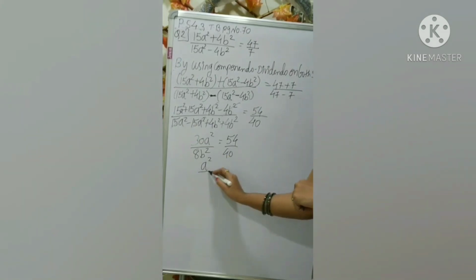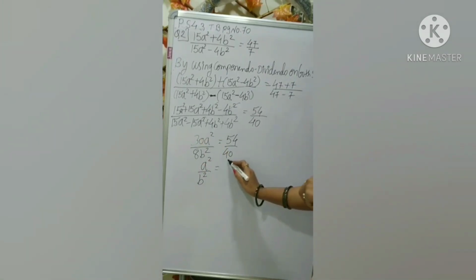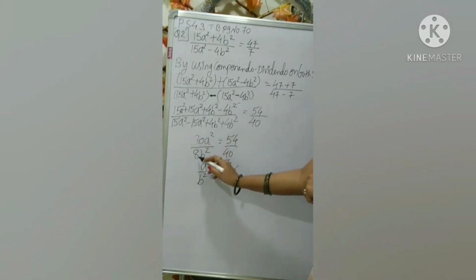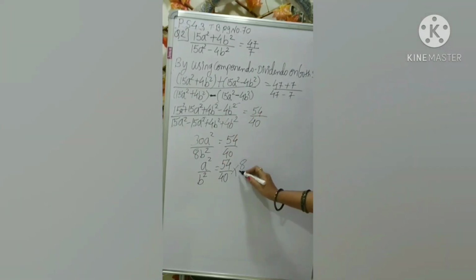Here a square upon b square. Right now we are just copying it down. 54 upon 40 also we have copied it down. Then what we do with this 30 and 8, we'll have to bring 30 upon 8 on the other side of the equal to sign. But when you bring that ratio on the other side, we'll have to write its reciprocal. So it's 8 upon 30.